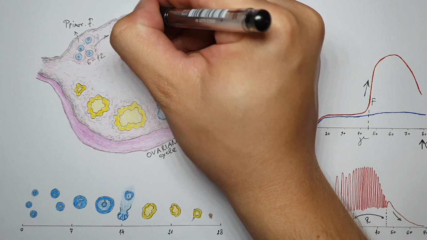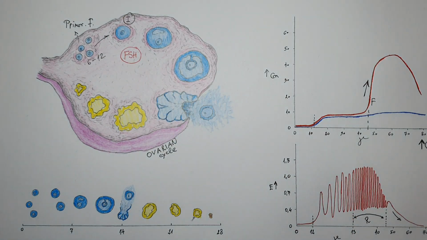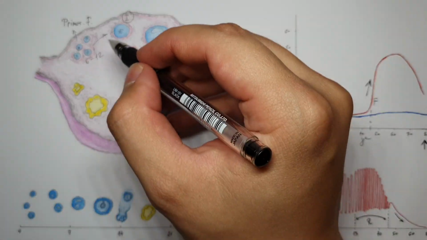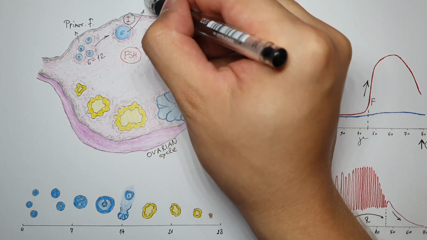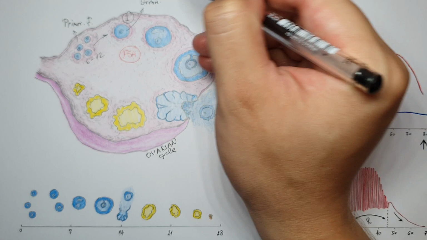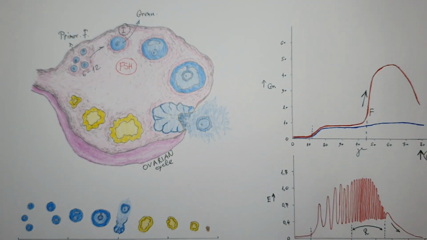So the primary follicle is a bigger follicle that has special cells. These are called granulosa cells.